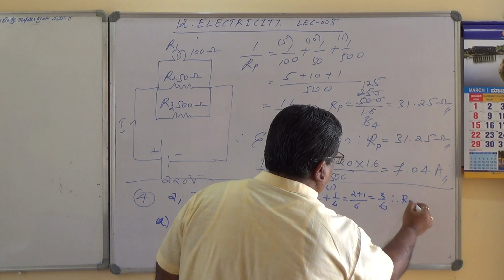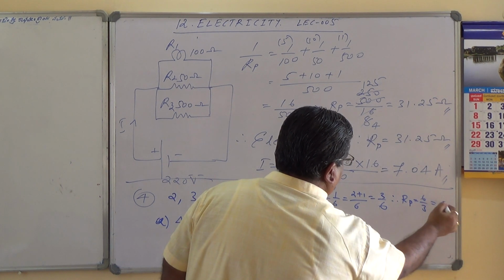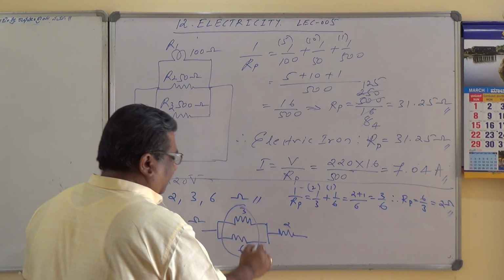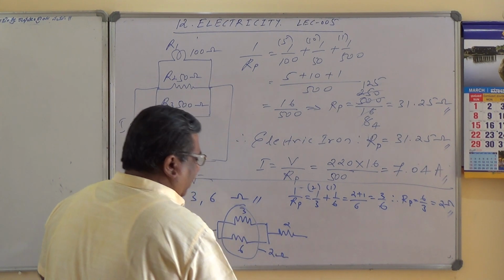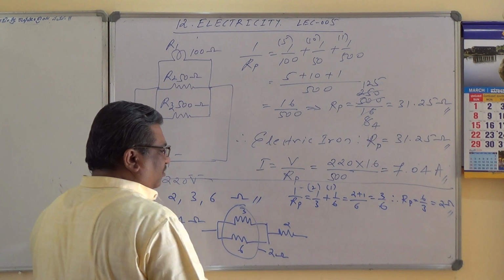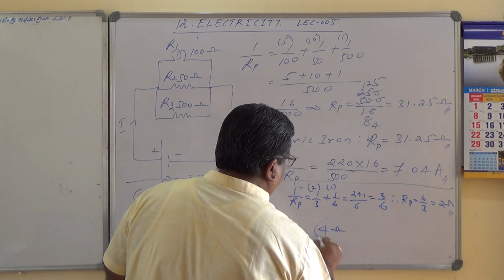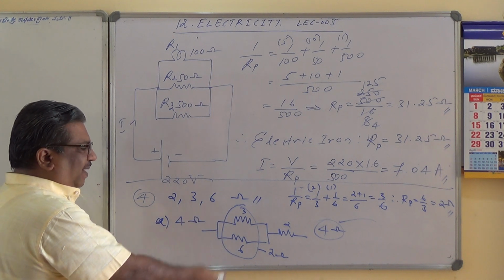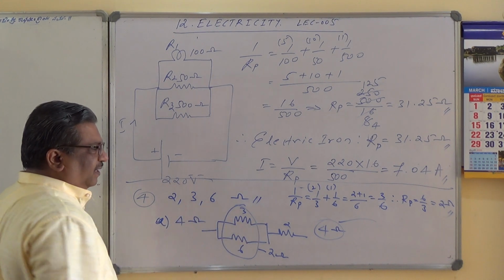Therefore Rp equals 6 by 3, which equals 2 ohms. So the net resistance of this is 2 ohms, and 2 ohms plus 2 ohms in series combination gives 4 ohms. So first 3 ohm and 6 ohm in parallel combination and 2 ohm in series combination.